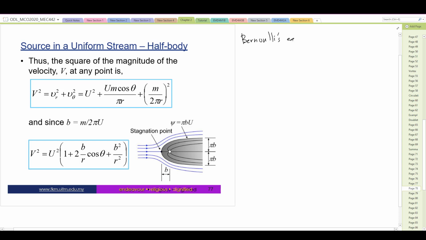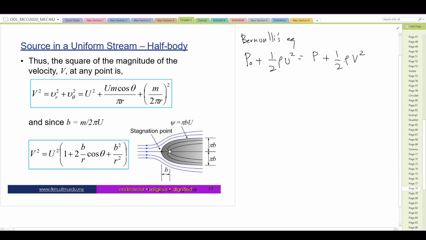For example, it is P naught plus half rho U squared equal to P plus half rho V squared.